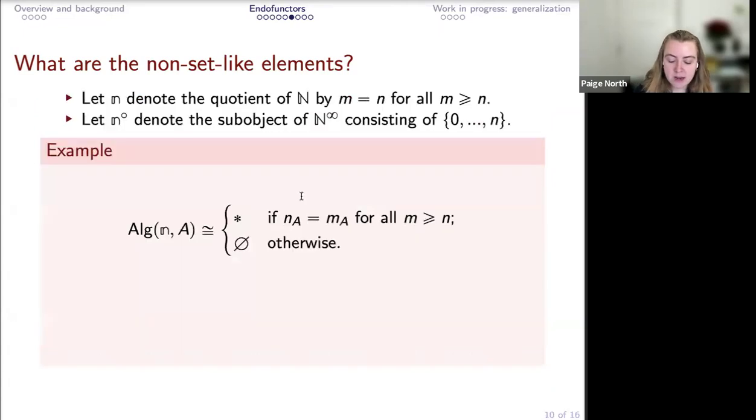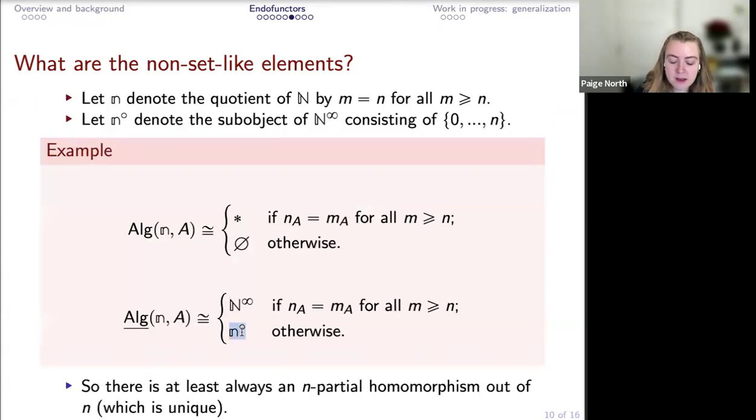So this answer here is telling us, yes, you can construct f sub 0, you can construct f sub 1, and so on, you can construct f sub n, but you cannot construct f sub n plus 1. That's where it fails.